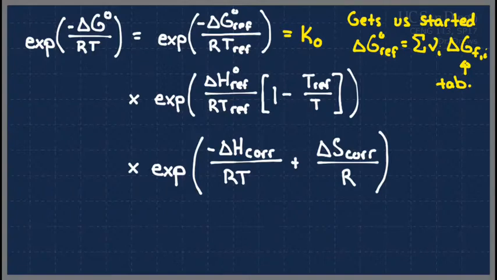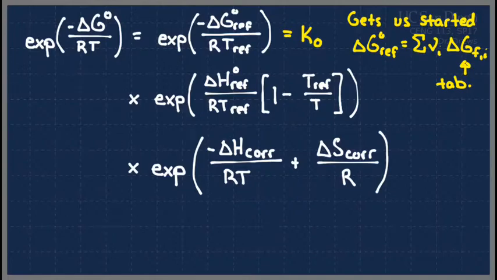But at any rate, it gets us started, right? We can just go look up a bunch of Gibbs energies of formation and use those to calculate what that delta G ref is. Remember, whenever you see that delta G, that's talking about summing over the stoichiometric coefficients times the thing. How come we went from G ref circle to G of formation? We just need any old G that we happen to have laying around. The only one that we ever have laying around in a table somewhere is the one for formation. And so that's the one that we use. It gives us a number. That gives us somewhere to start.